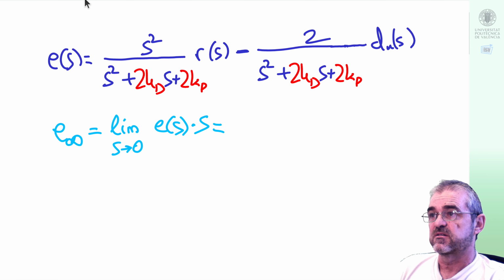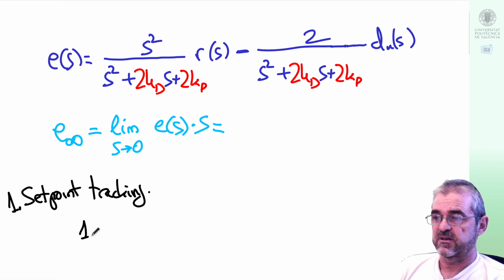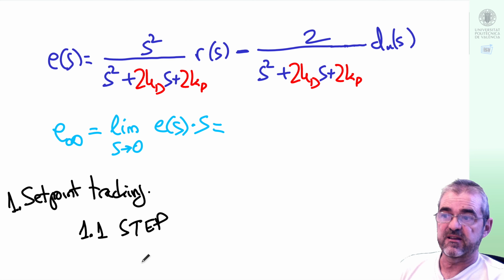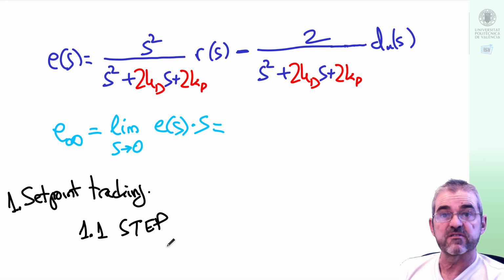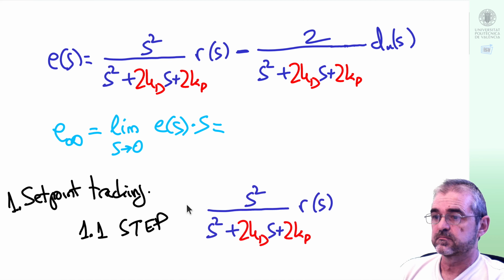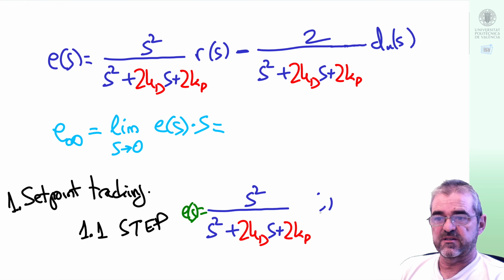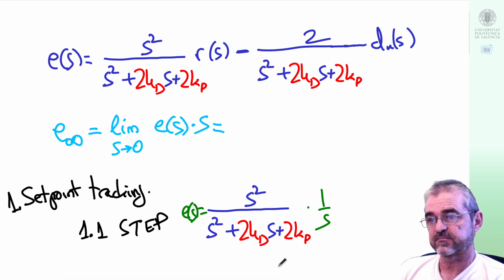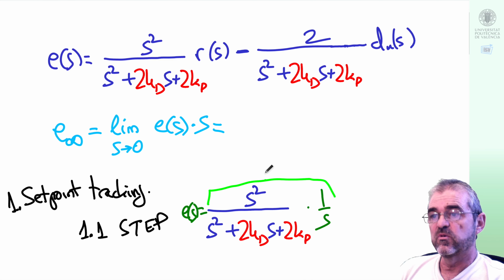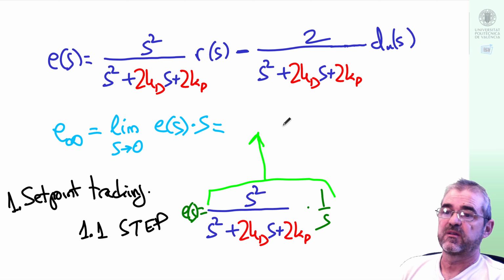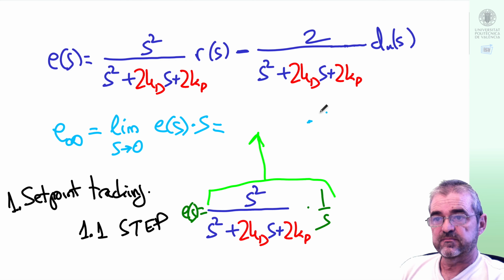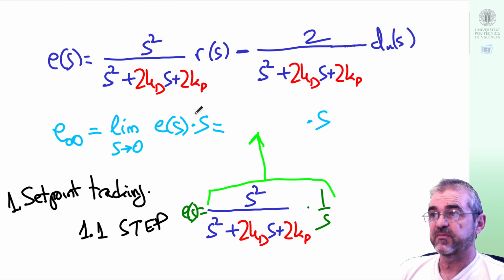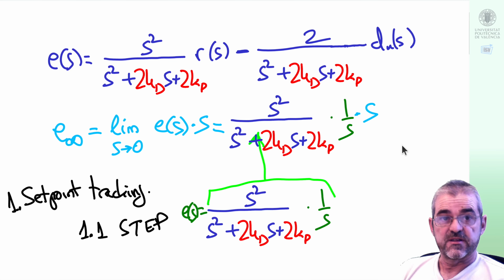First, let us concentrate on setpoint tracking, and in particular, we wish to compute the final steady state error when we have a step reference. In that case, E of s will be this thing replacing the setpoint by 1 over s. So, moving all this here and multiplying times s, we will get this thing.